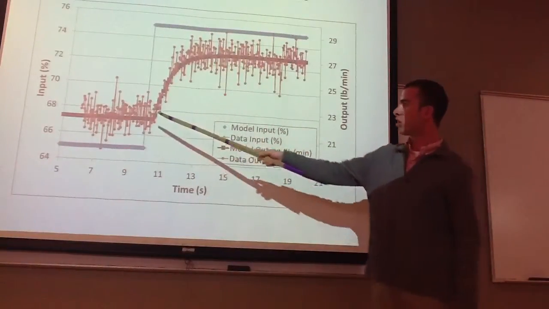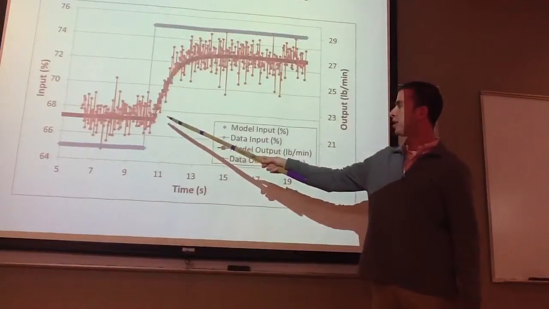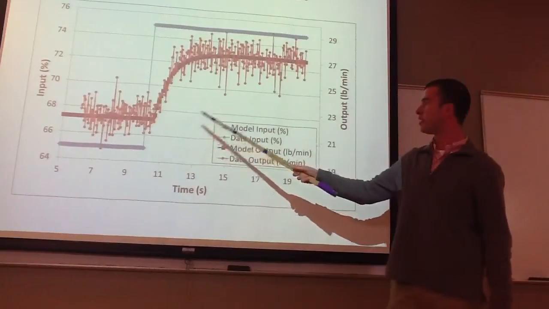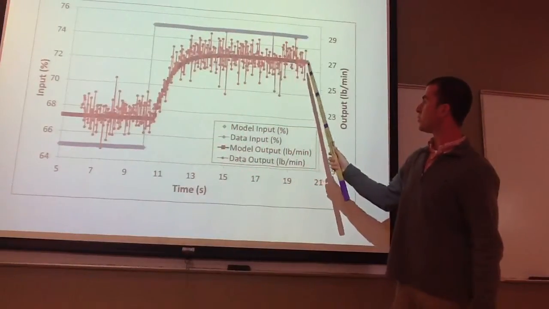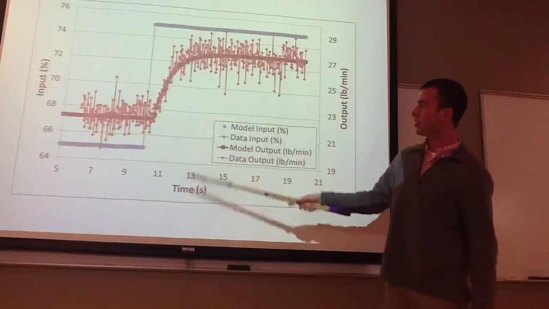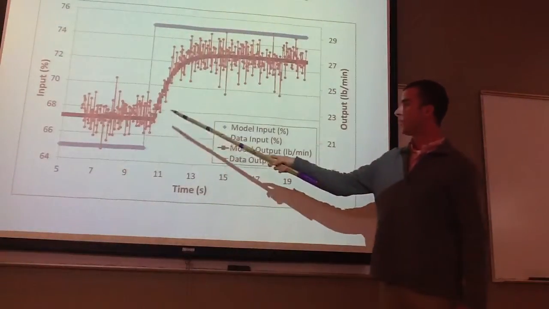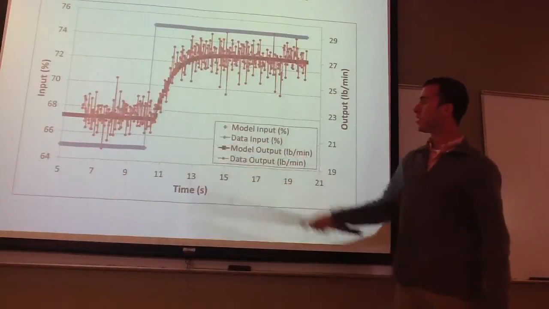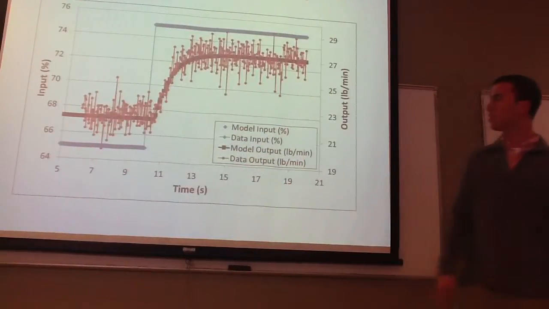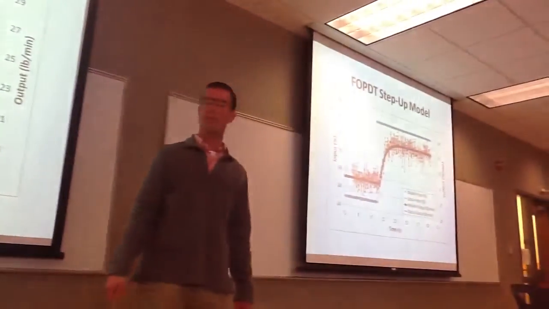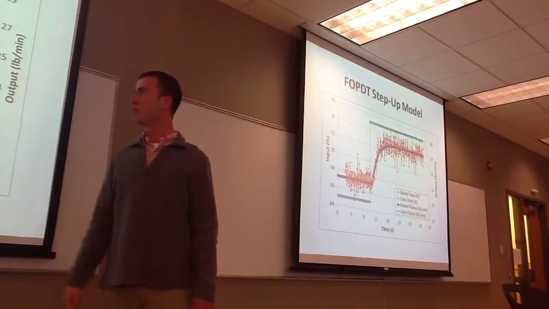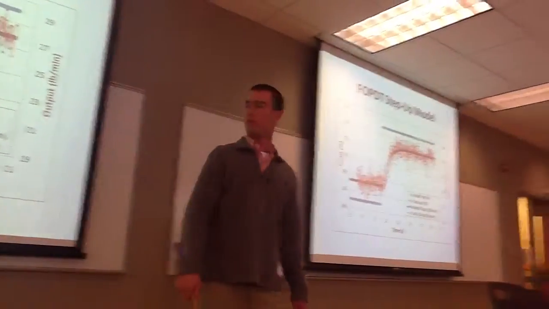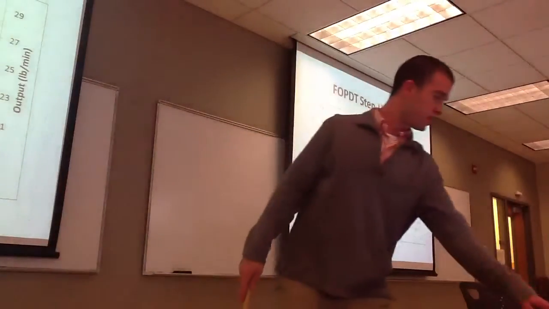You have your model output, and it's around 22 pounds per minute, and steps up to 27 pounds per minute, right around 10 seconds. And here's the experimental output, and it lines up pretty well with that. And based on the model parameters, you can figure out your gain and your dead time and all that stuff for your system output.